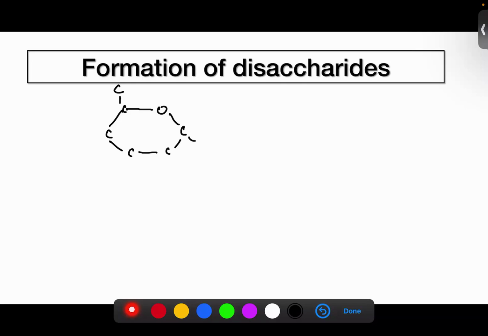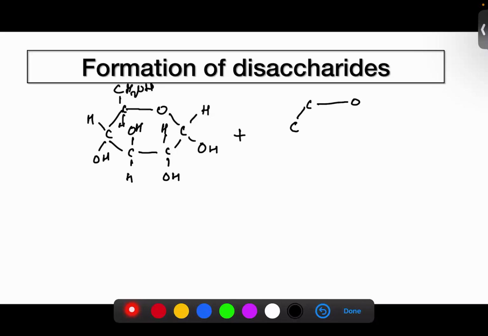Okay, so this is an OH group here, an H here, an OH here, an H here, H, and an OH here, H, H and CH2OH. We can write this carbon 6 as well. And if I draw another alpha glucose, that would be, C, this is carbon number 4, carbon, and then O, this is carbon number 1 here. Similarly, this will have an OH.